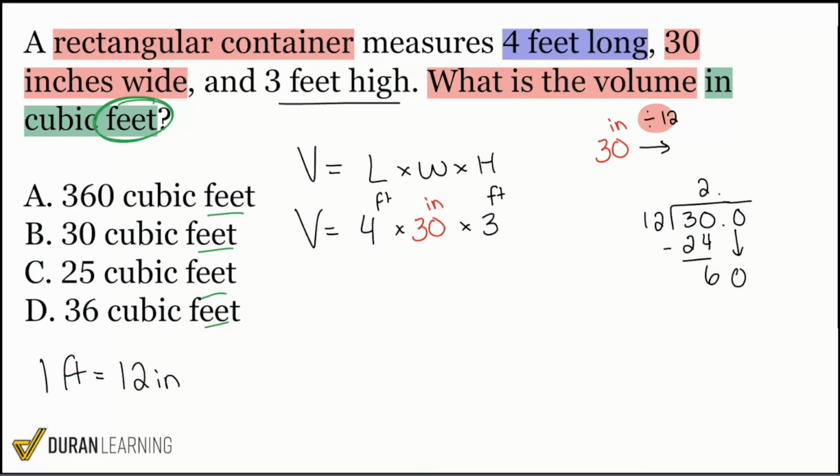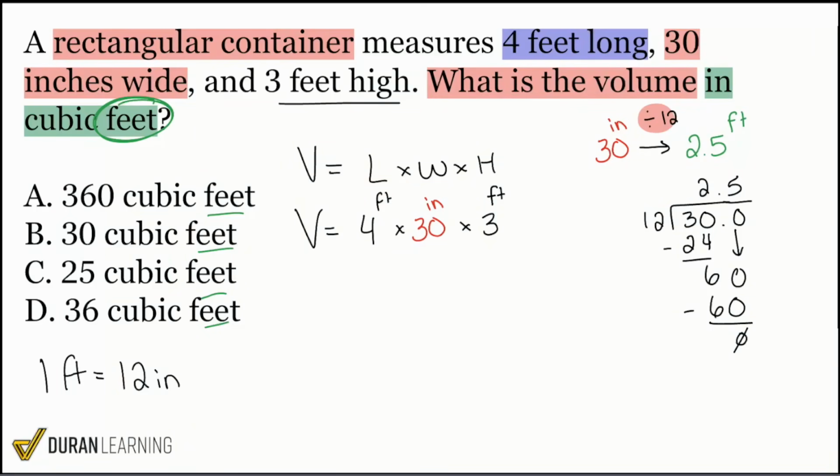Everyone, 12 goes into 60. How many times? Yeah, 12 goes into 60 five whole times. So we have 5 right there, 2.5, and that's a clean division. No remainders after that.